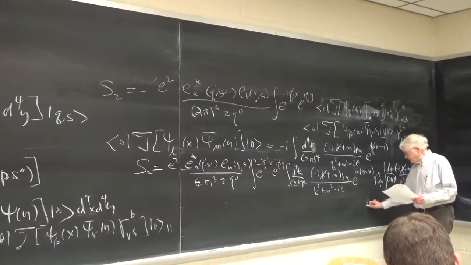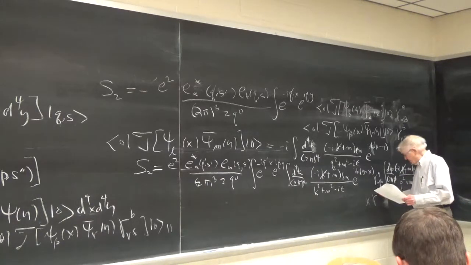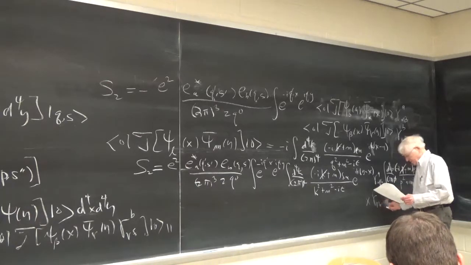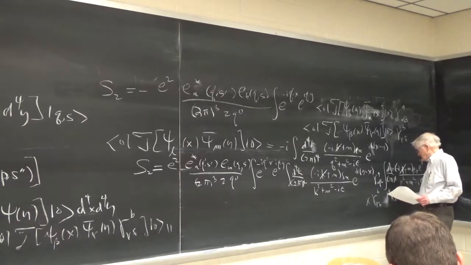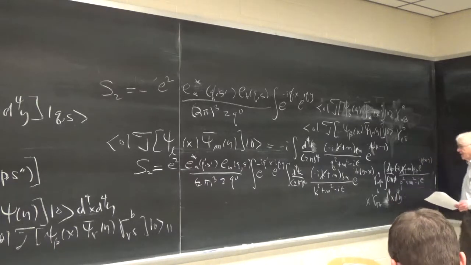Then we have gamma B, gamma delta, and finally d^4 x, d^4 y.